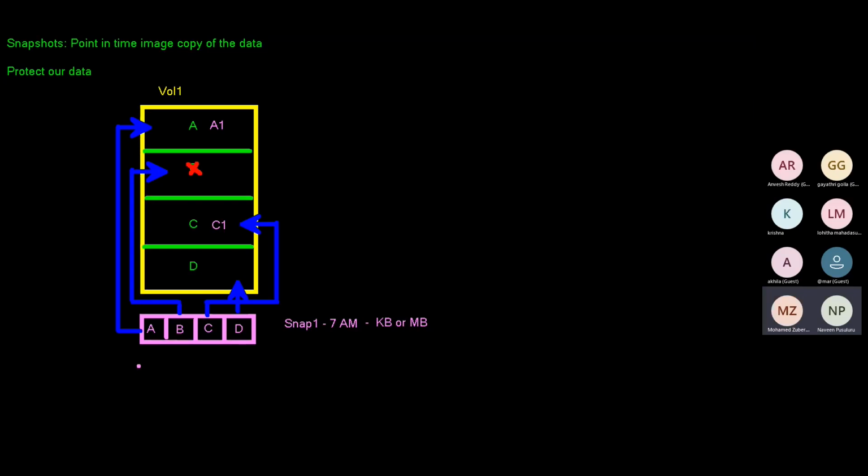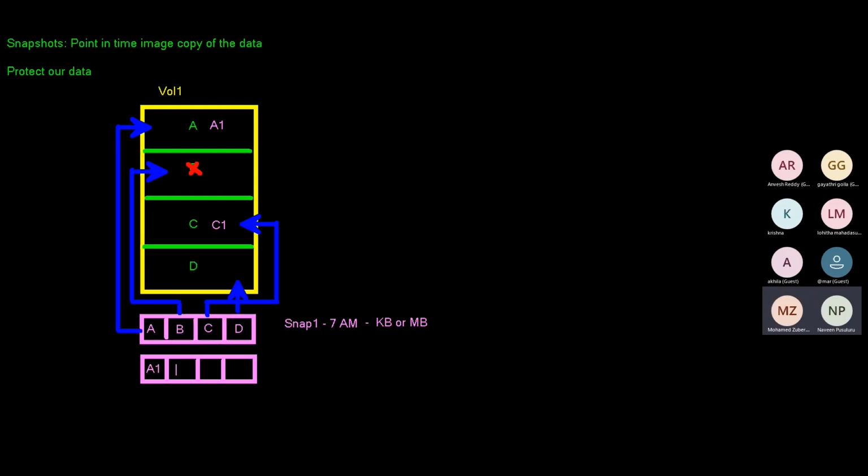Now let's assume that after the data modifications, another snapshot got created. When this snapshot got created, whatever data I have on top of that volume is what I'll get.